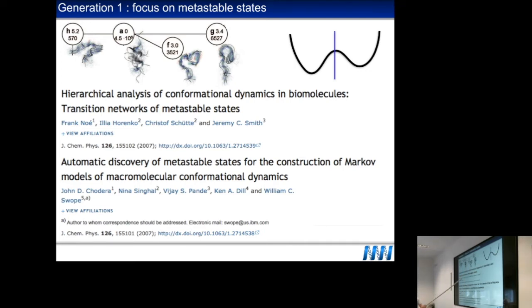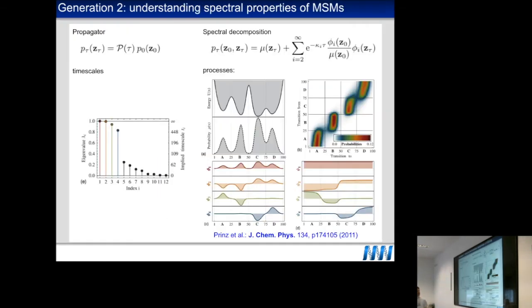Our idea at that time was more or less what I described to you before: we have multiple metastable states, multiple conformations, and we divide them into substates, and these are the Markov states, and then we estimate a Markov chain between them. So for a couple of years we thought this is a good idea, until we figured out that there is a better idea.